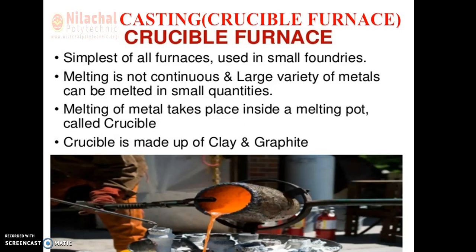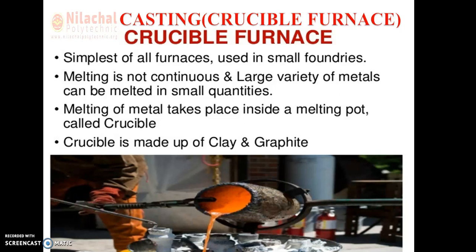These are used in small foundries where the melting is not continuous and a large variety of metal is to be melted in small quantities. Mainly used for melting non-ferrous metals and alloys which have a low melting point.